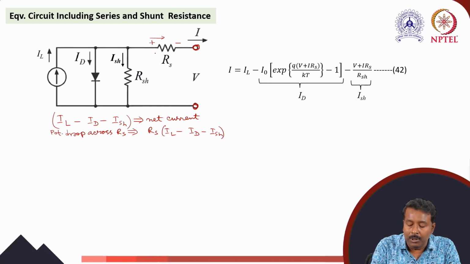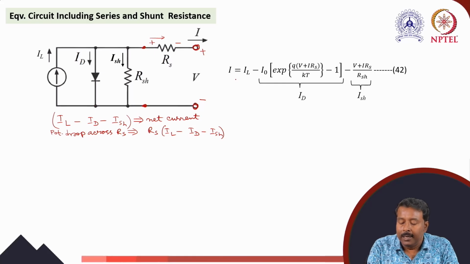That amount of voltage is between these two terminals. That's why in the expression of current for the diode, exponential QV by KT, the QV is replaced by Q into V plus IRS by KT minus 1.